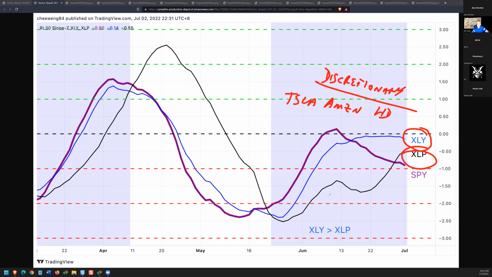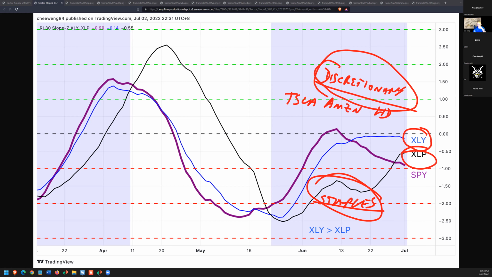And then XLP is all the staples. That's your Walmarts and things like that. We might think of discretionary as more growth oriented and staples as a defensive play. And so we're taking a look at these two broad market conditions.